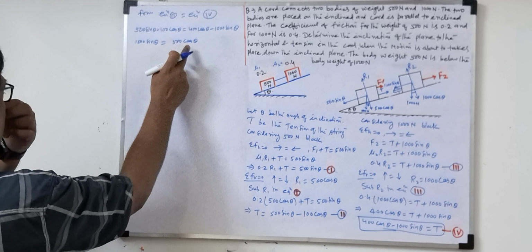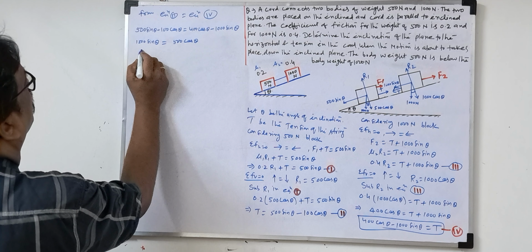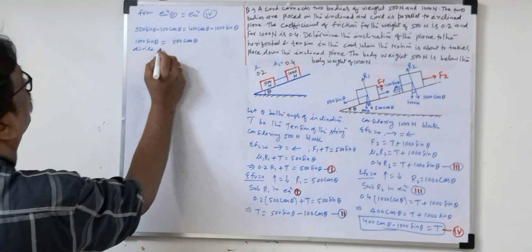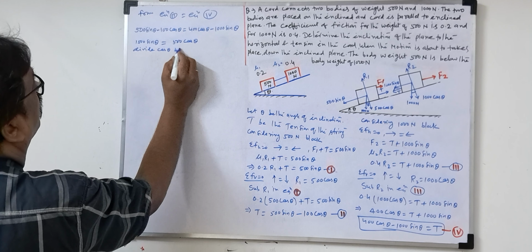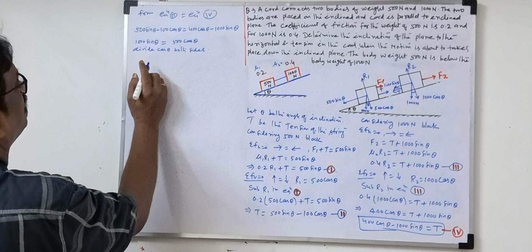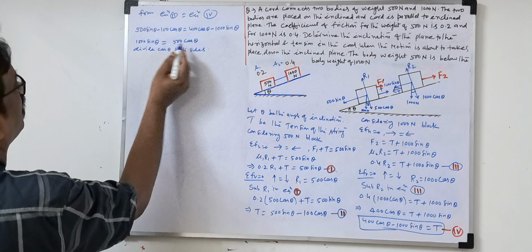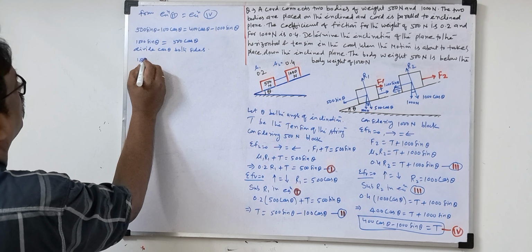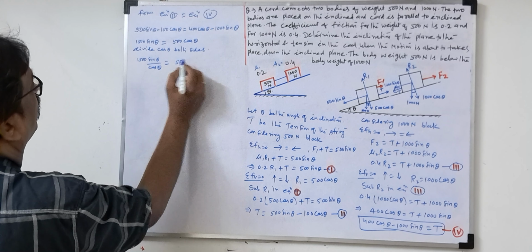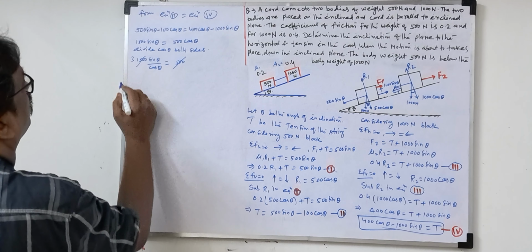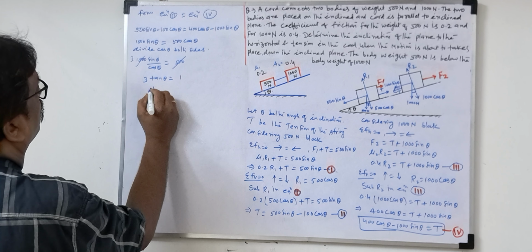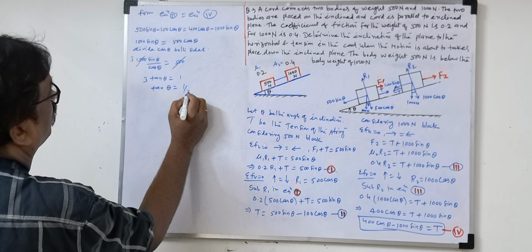Divide both sides by cos theta; sine theta by cos theta is tan theta. So 1500 tan theta is equal to 500, so tan theta is equal to 1 by 3.